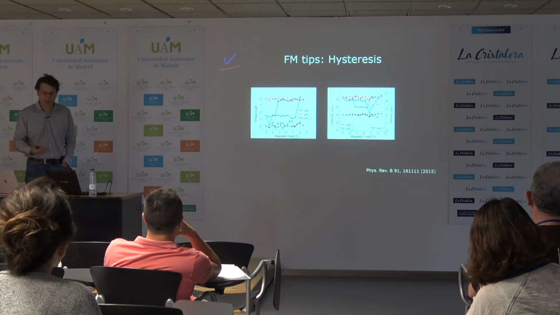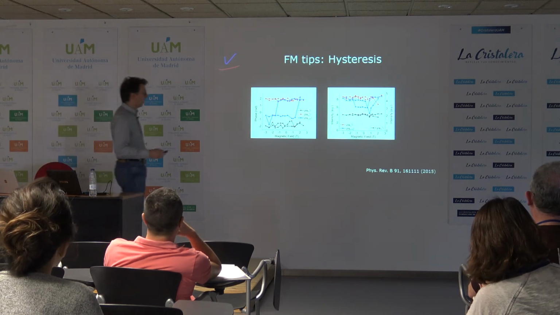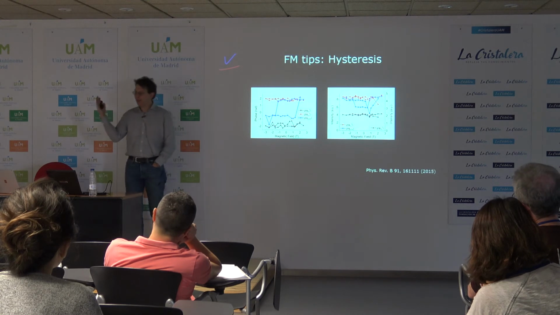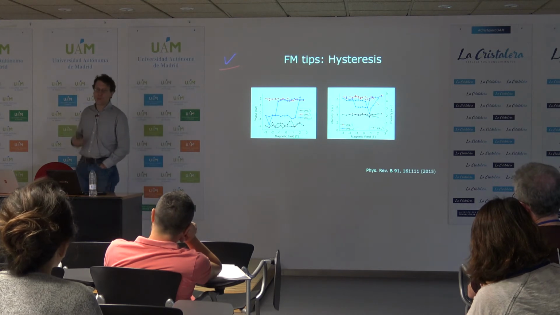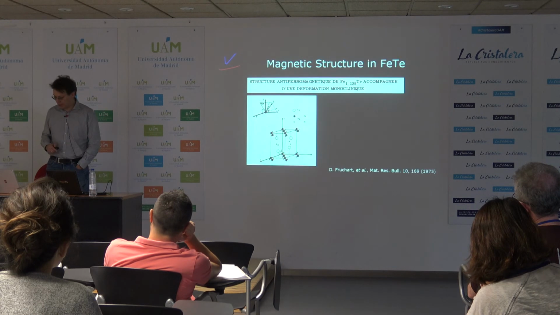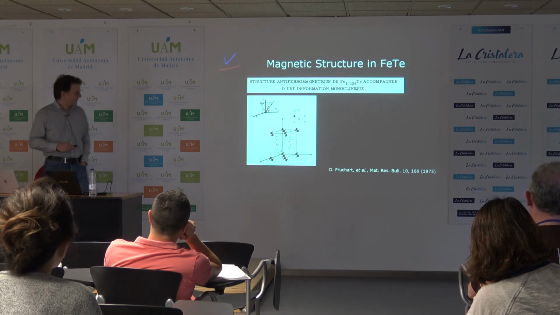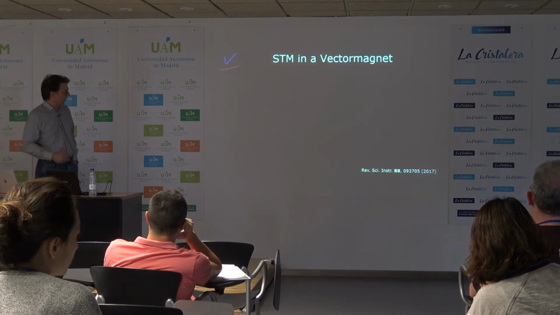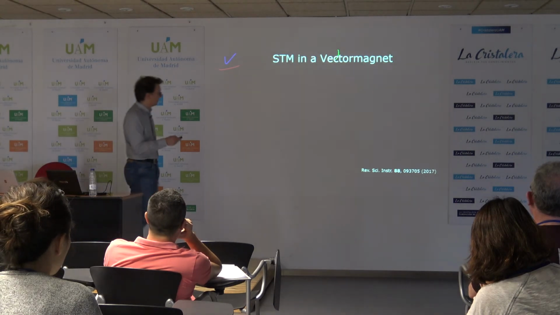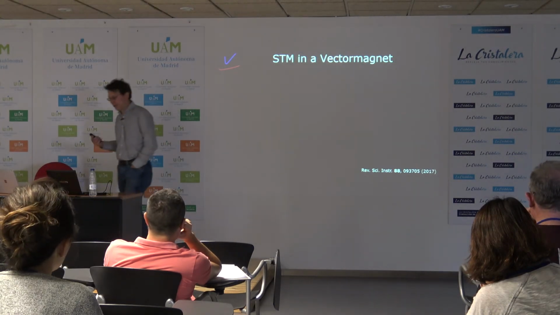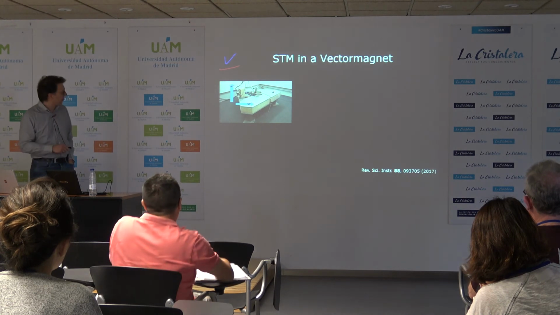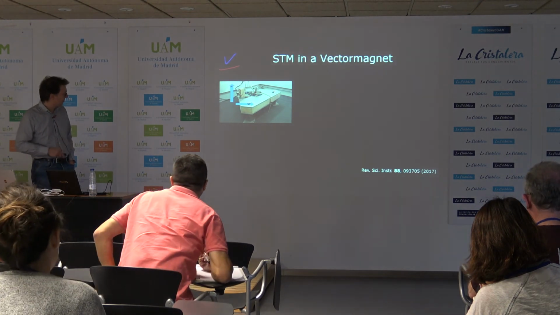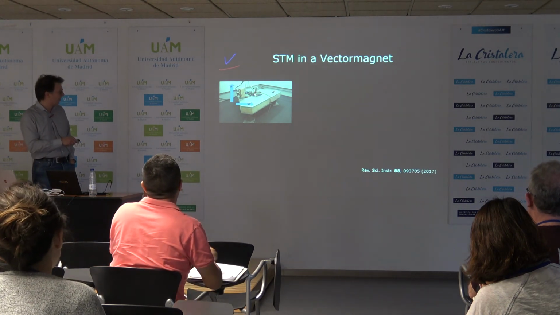And if we have a ferromagnetic tip, then we can use a vector magnetic field to basically orient it in any given direction to map out what the spin direction in the material really is. And okay, to that end, we built an STM which sits in a vector magnet. So this is an image of the STM. You can't really see much. So this is a vibration table.